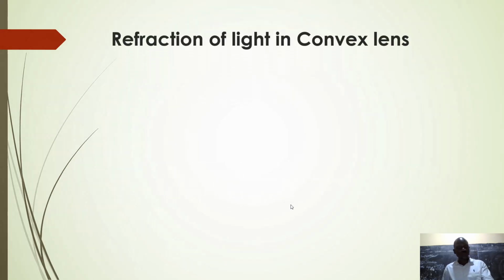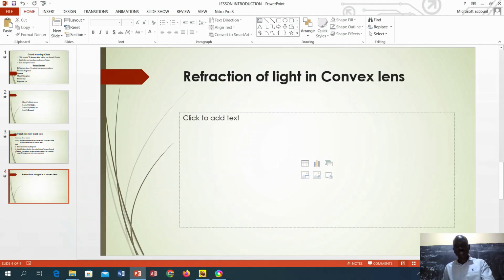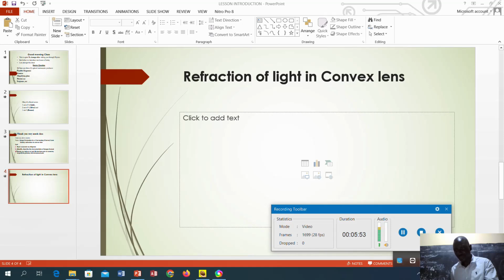As we dive into this lesson, our main attention is the refraction of light in a convex lens, and that is what is going to guide us through our topic today.